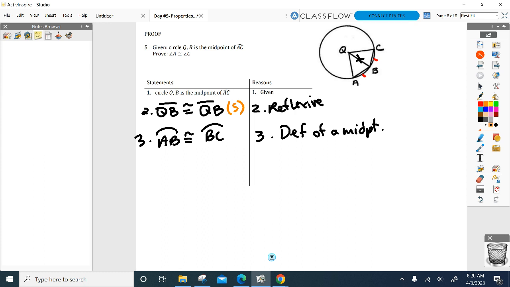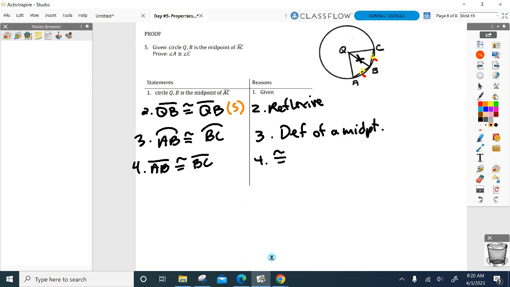Well, you know that chords AB and BC are congruent. If the arcs are congruent, so are their chords. Perfect. Nice job, Rachel. Line segment AB congruent to line segment BC. And here's what I'll have you write.